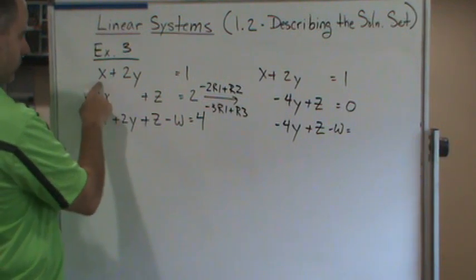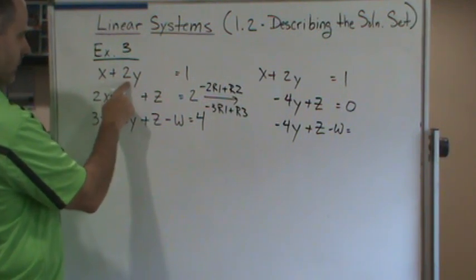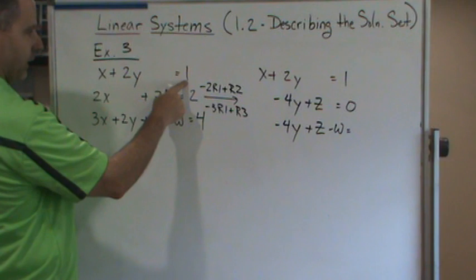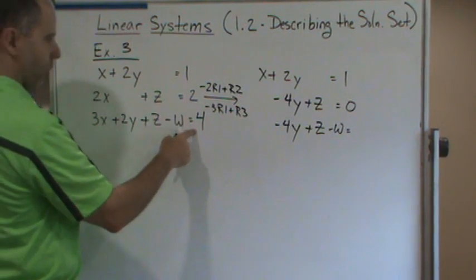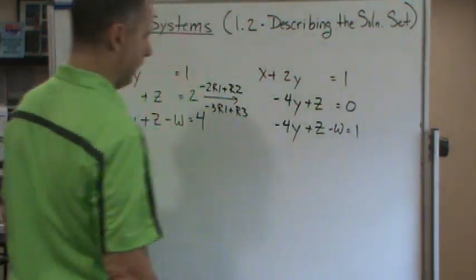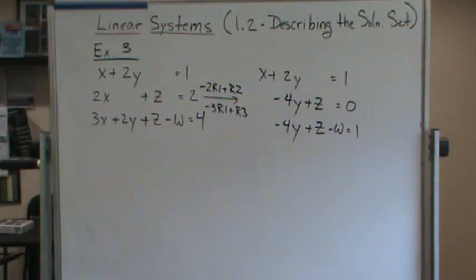So -3, -6, and then 4, which is going to be 1, right? So -3, 6, -4 stays the same. W is not going to change, and then -3 plus 4 is 1. Okay, so there we go. Now we have this resulting system.